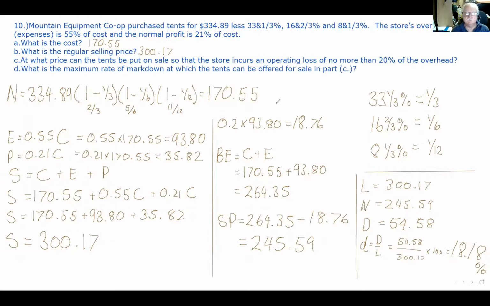So that was a little tricky because of this thing here, an operating loss of no more than 20% of the overhead. So we had to first get 20% of the overhead, then find the break-even, and then find out what that price was.